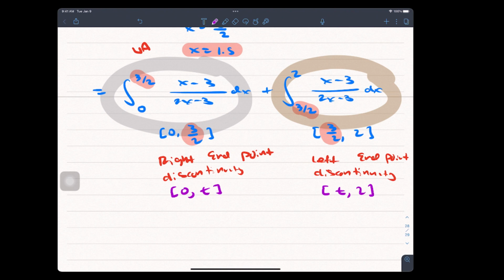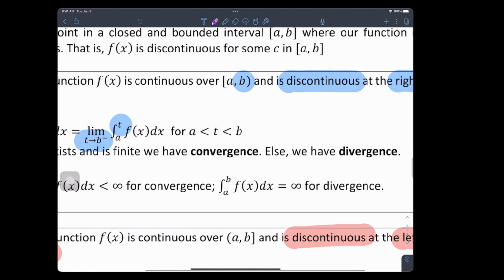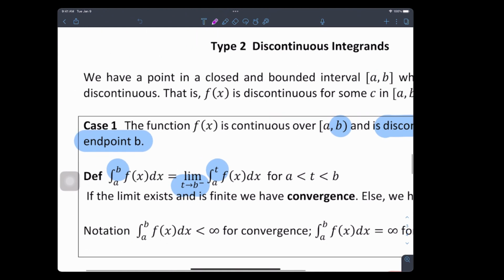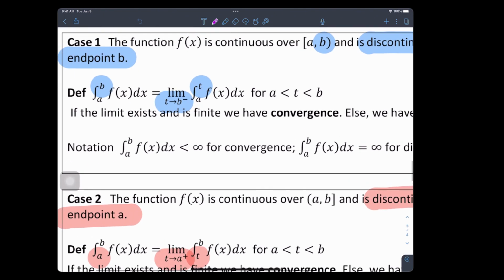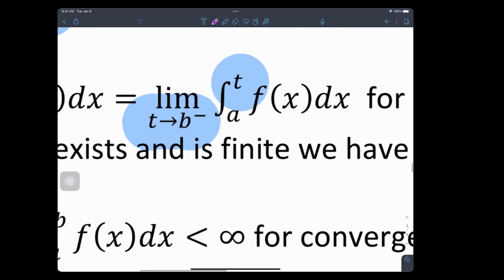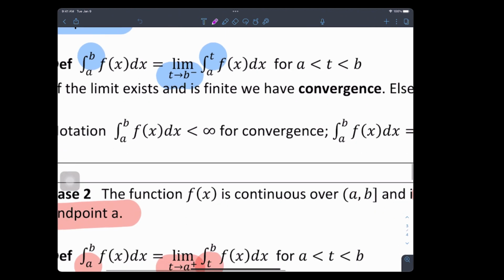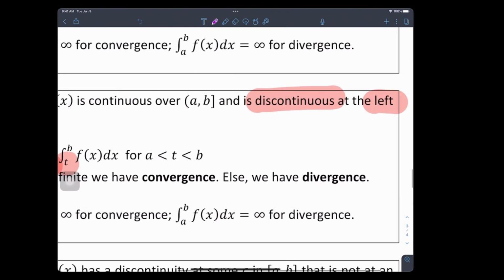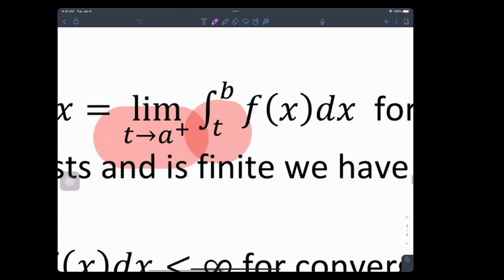So you might say, what do I do? Well, what do you do when you have a right endpoint discontinuity? I call it case 1. You're going to go to the discontinuity from what direction? From the left. So it's like backwards. You guys know what I'm saying? A right discontinuity approaches that discontinuity from the left, as a left discontinuity approaches that discontinuity from the what?